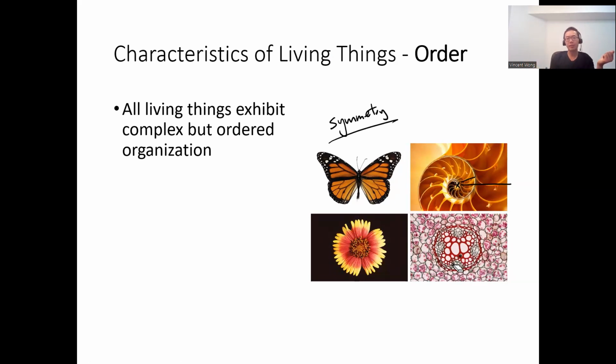And even at the cellular level, this is a stem, okay, the stem of a plant, some kind of flower. I'm not sure what kind of flower, but even at the cellular level, you can see organization. Okay, so things are not random. Things appear to have complex and ordered organization. That's the first characteristic of living things.